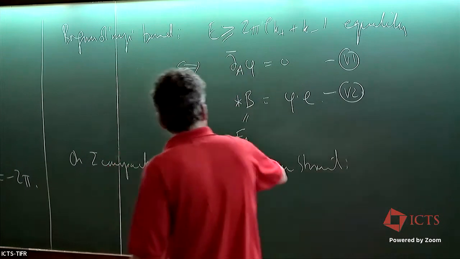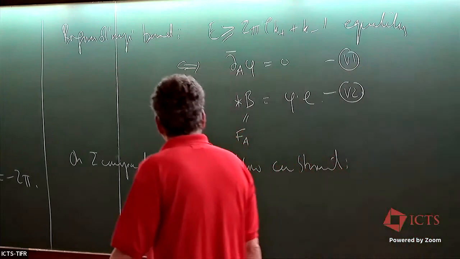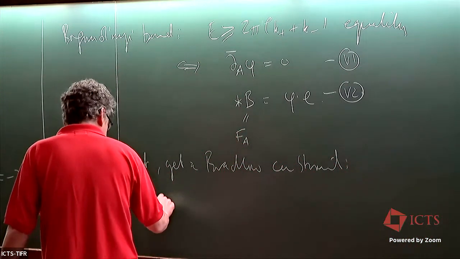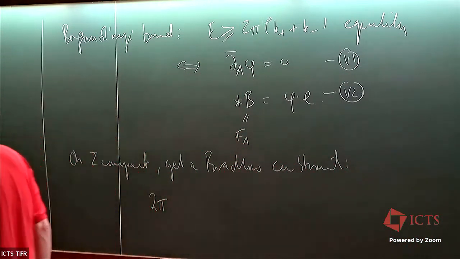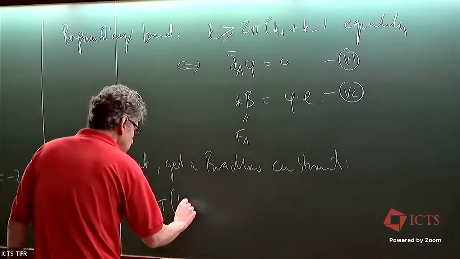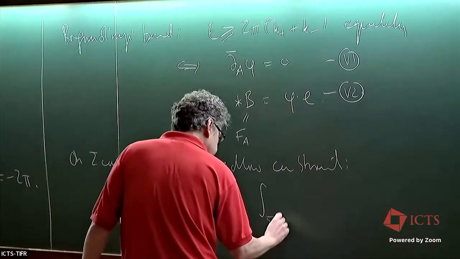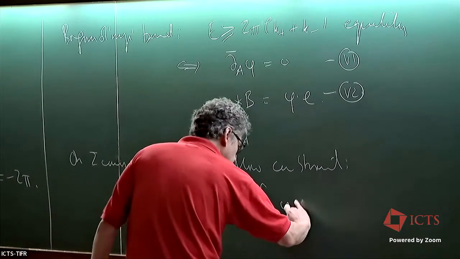Okay, and again, it's just obtained by integrating the second equation over the surface. So when we do that, we get 2 pi times this winding number, the total magnetic flux, which remember is k plus minus k minus. And that apparently is equal to the integral of phi dot E.